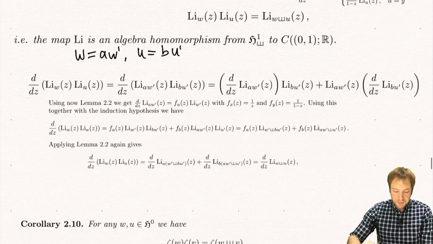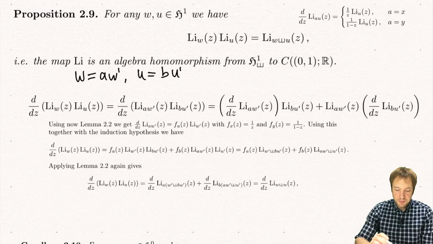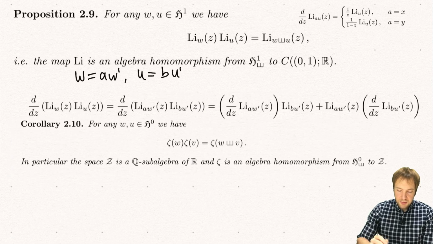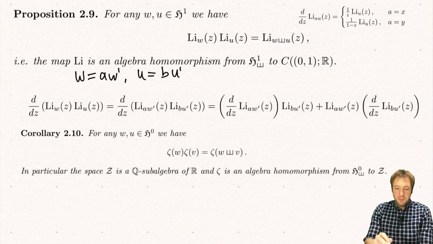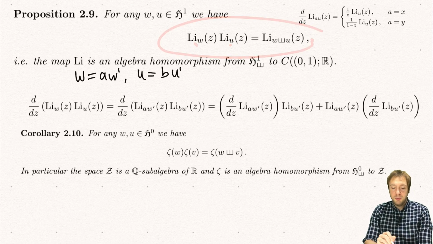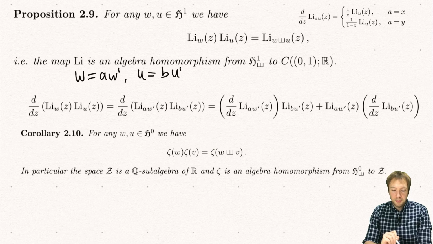Now one consequence of this is that the zeta map is also an algebra homomorphism. If these two words are admissible, and we know H0 is closed under the shuffle product, we also get that the product of two multiple zeta values of elements in H0 is given by the shuffle product of these two elements.